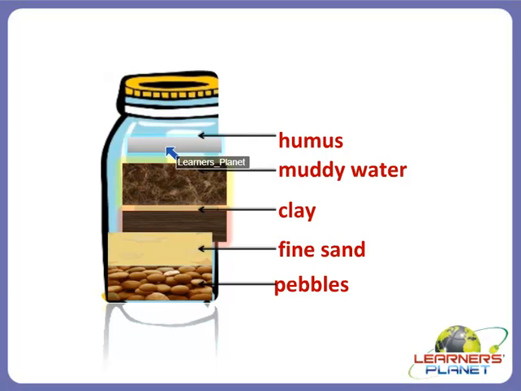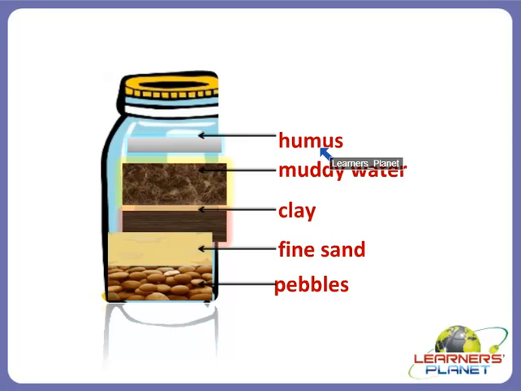So this is the layer of small parts of dead leaves and insects which can be seen floating on water, and this is called humus.